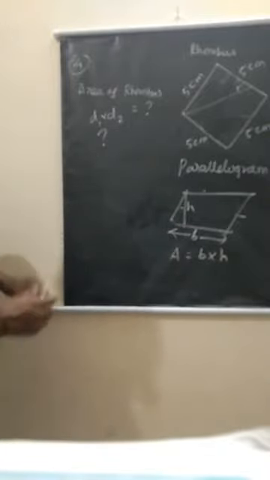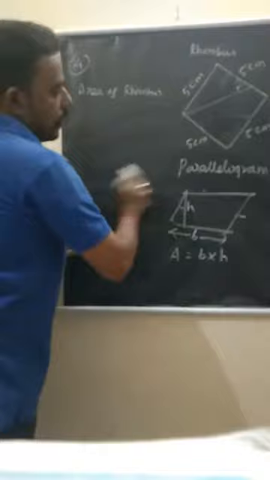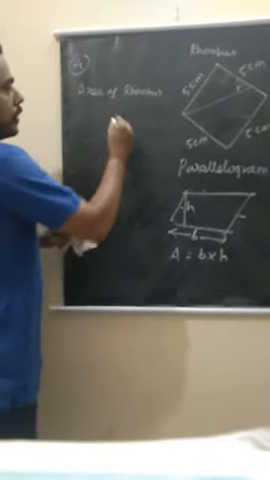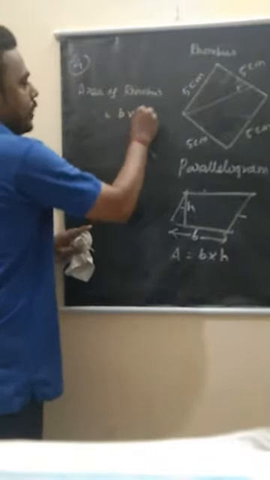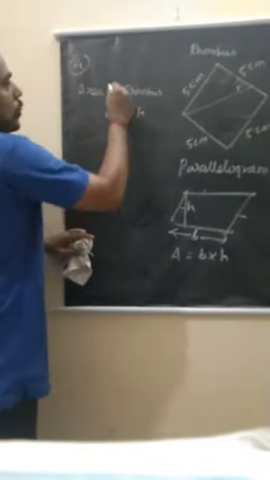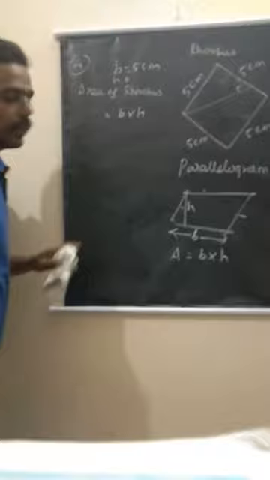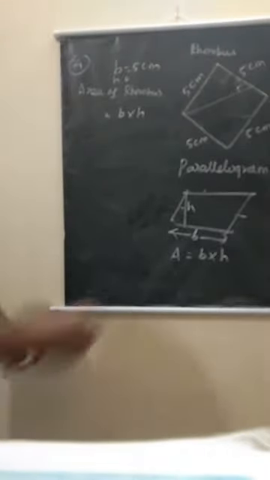So area of rhombus equals base into height. For that, base equals 5 centimeter and the height is 4.8 centimeter, given.